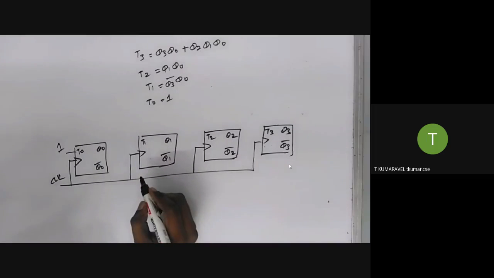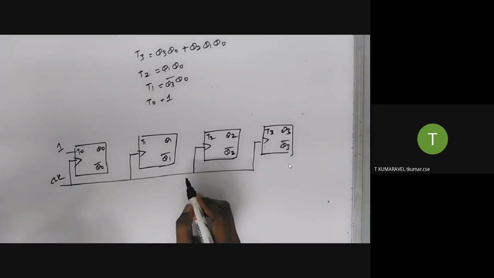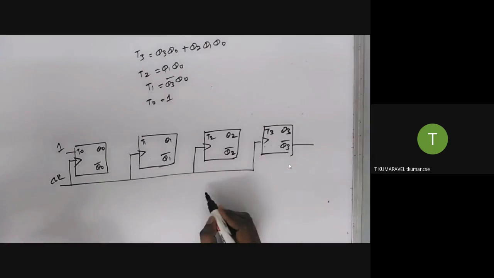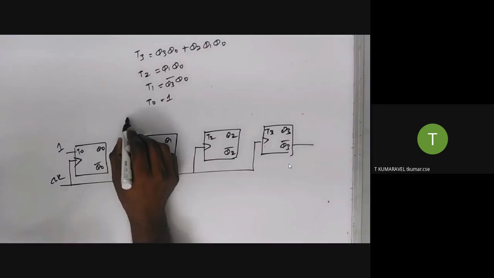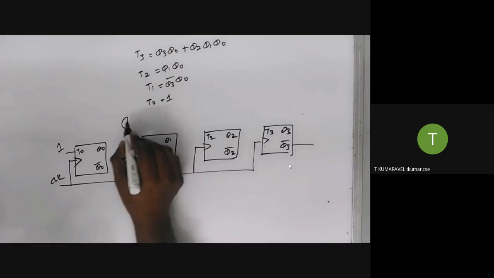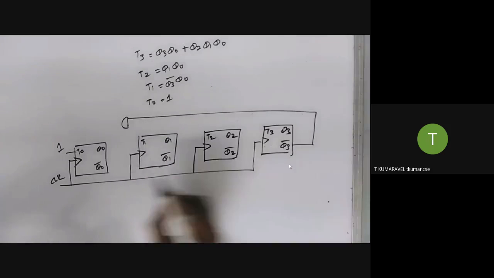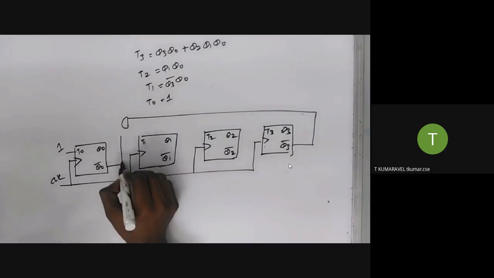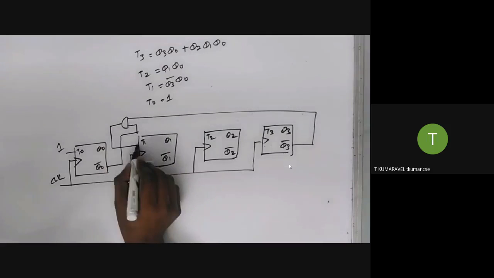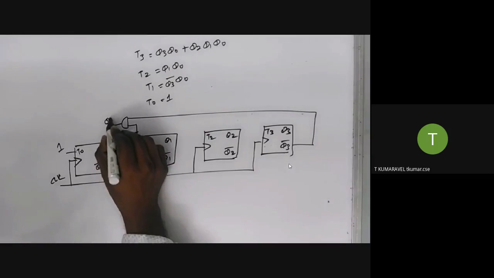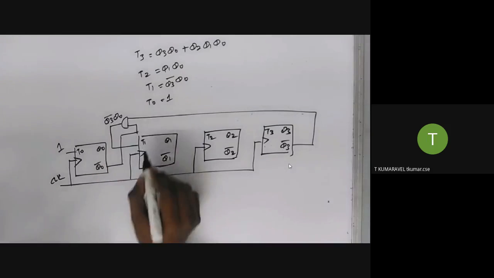What about T1? T1 is Q3 bar and Q0. So it produces the output Q3 bar Q0. This is the input for T1.